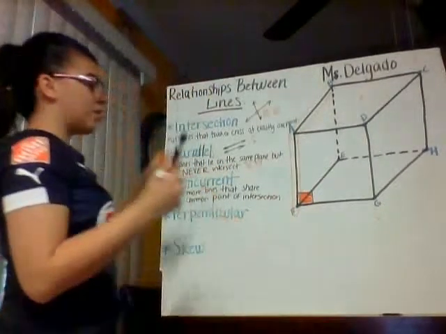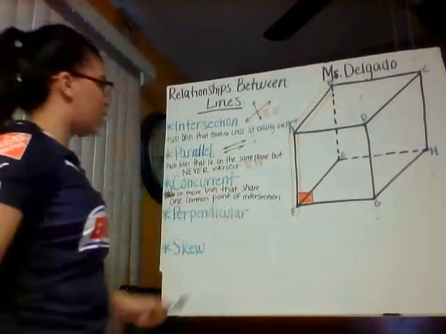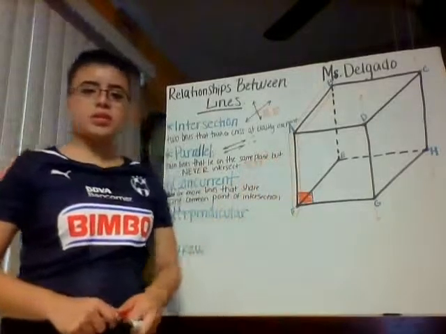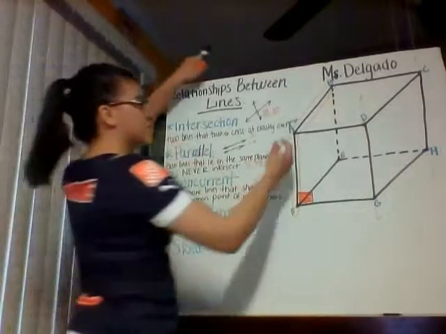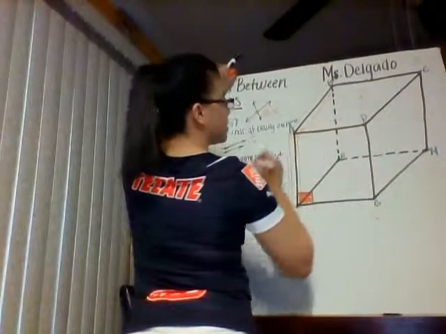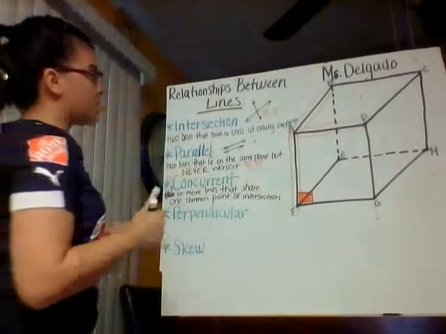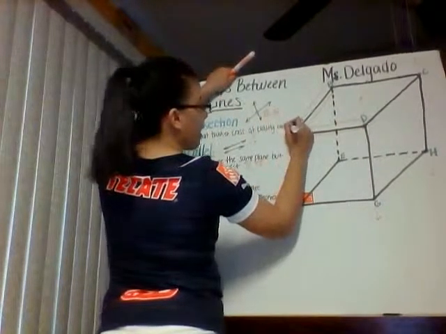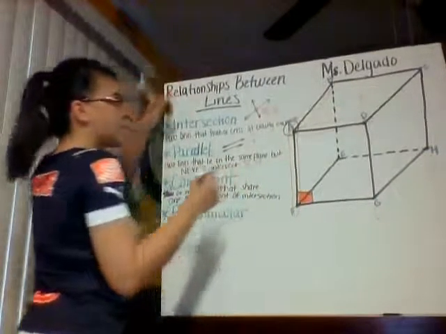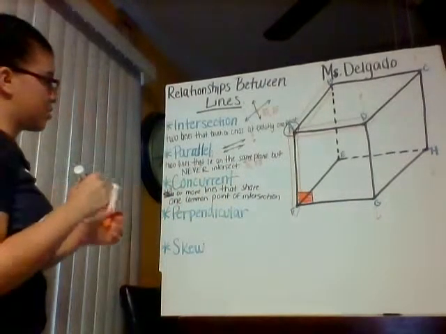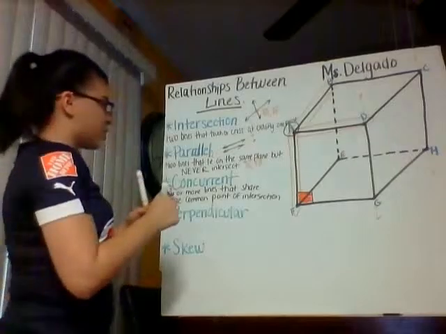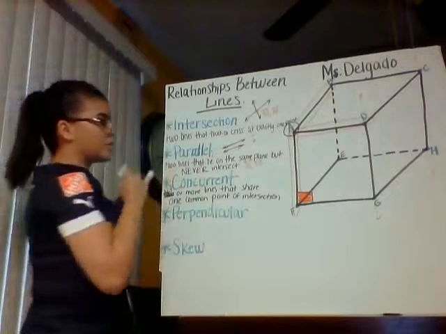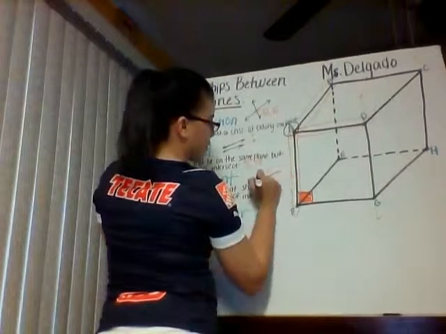What other line also intersects with those points? It's going to be AD, because they all share point A as an intersection.